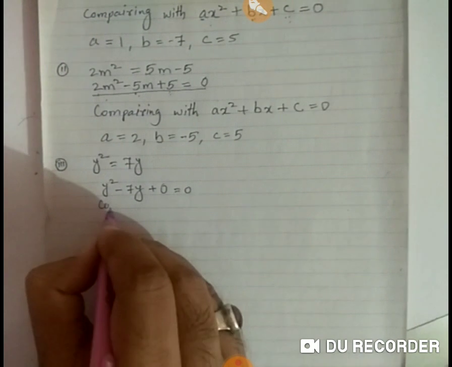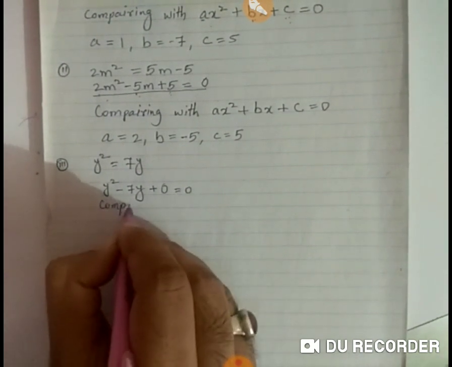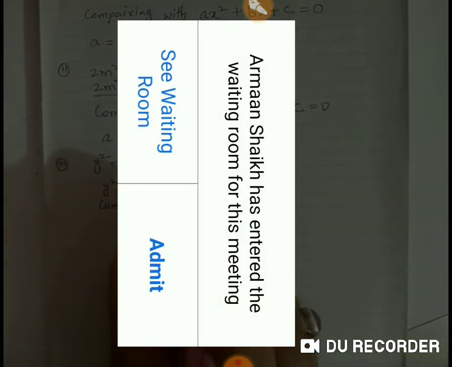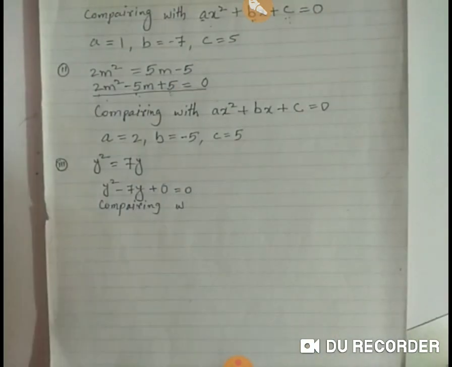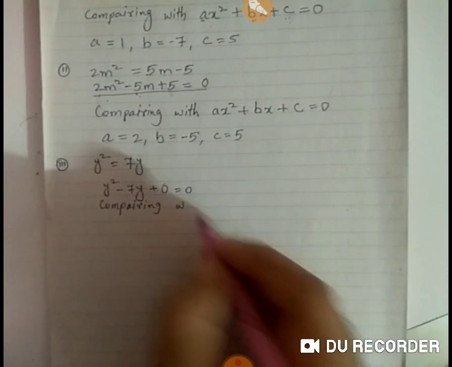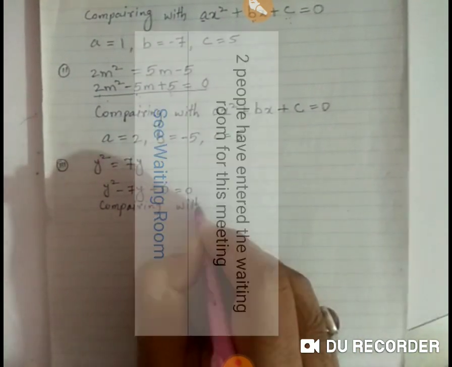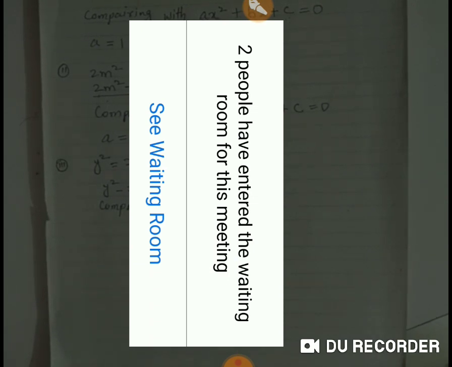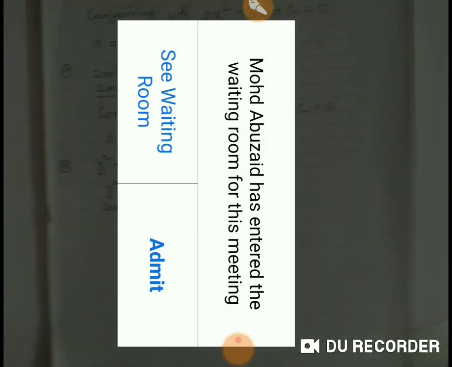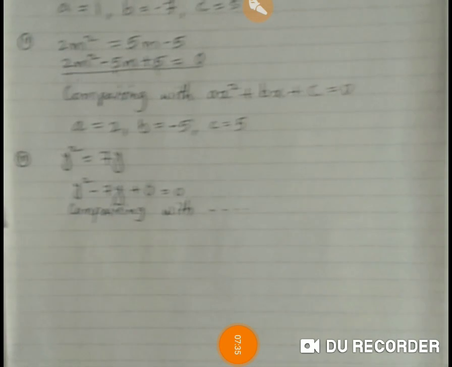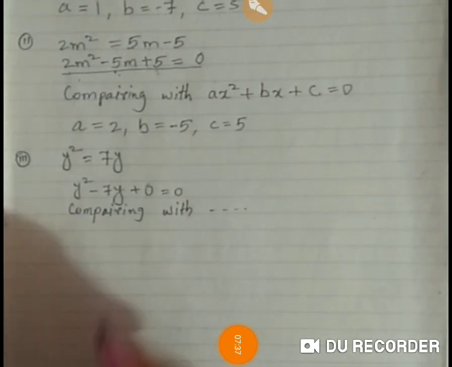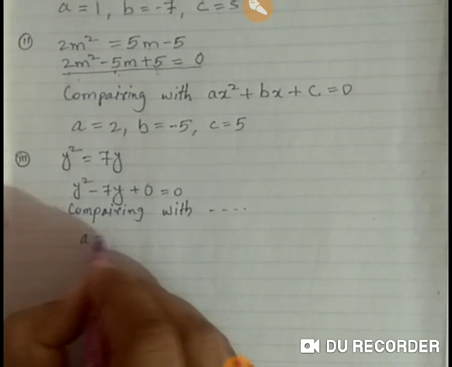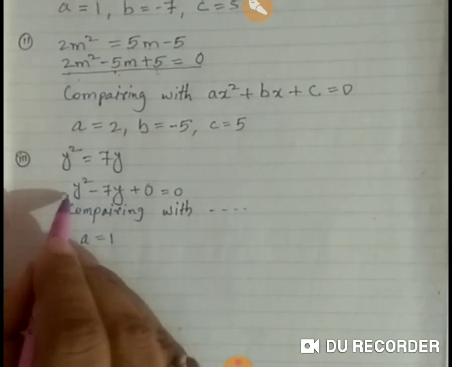Now I can make the comparison, comparing with ax square plus bx plus c. So on comparison, a is 1.